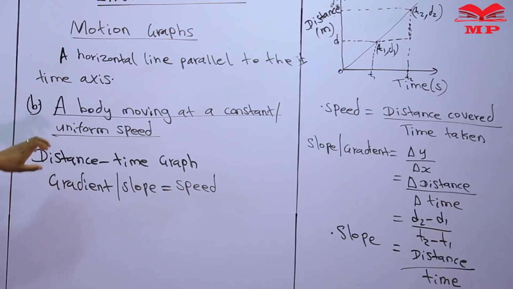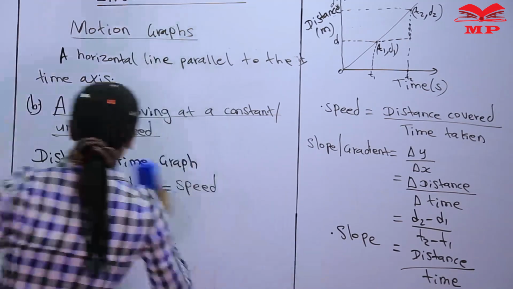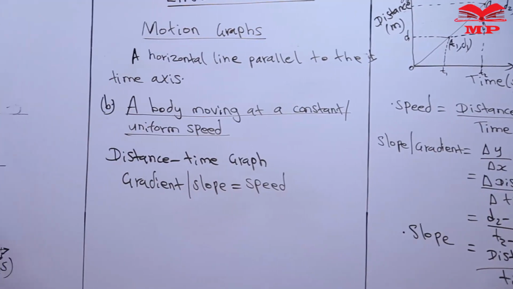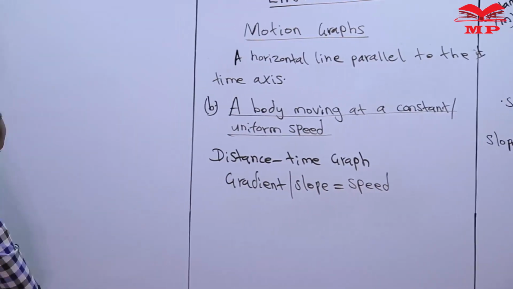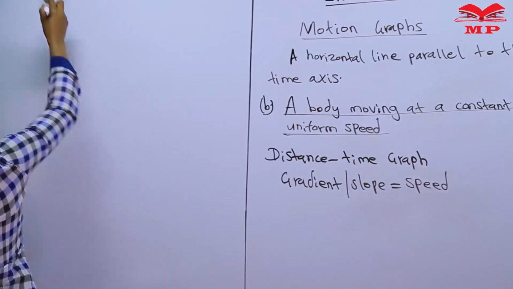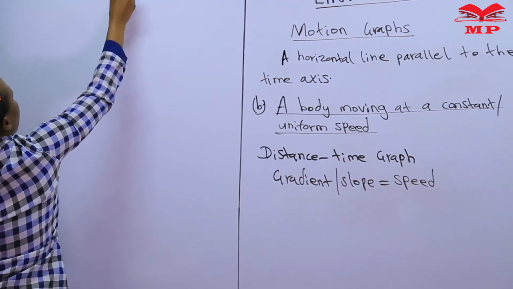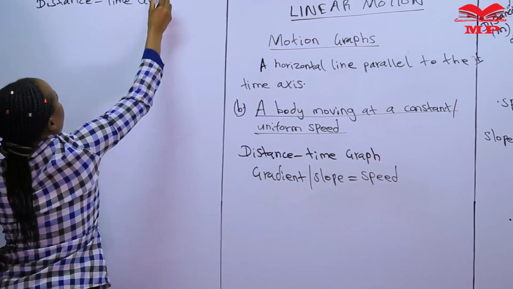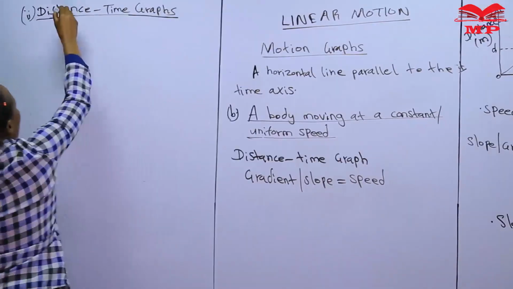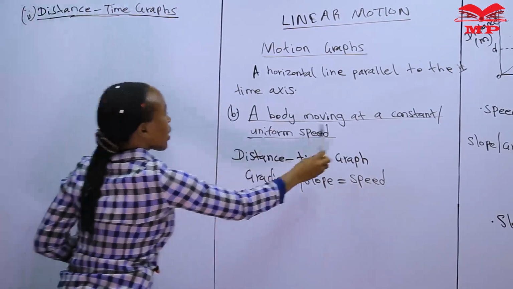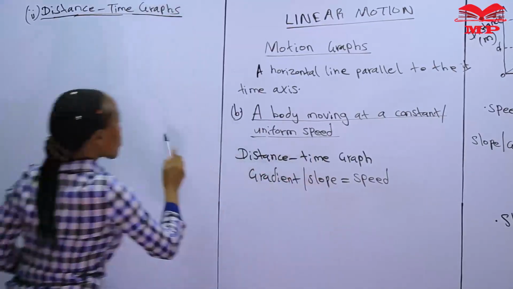So for a body moving at a uniform speed, we are going to have the distance time graph for a body moving at a constant or uniform speed.